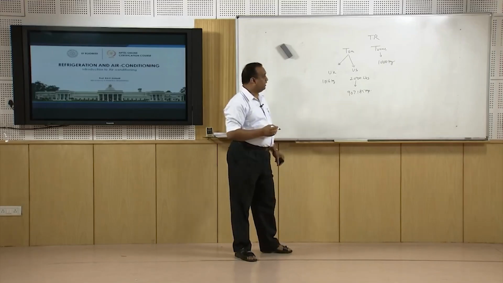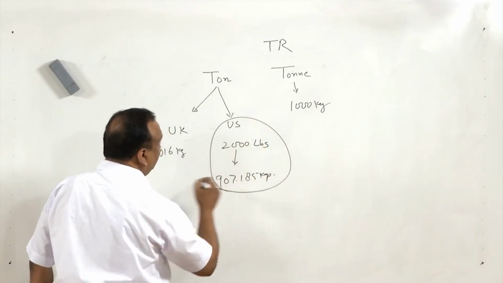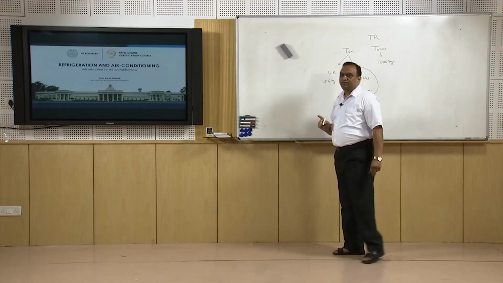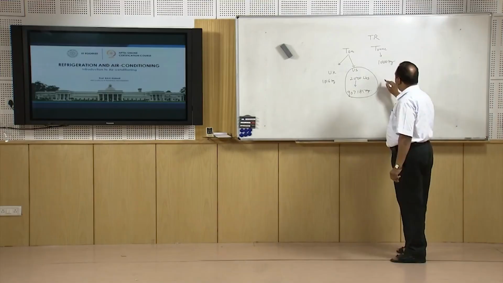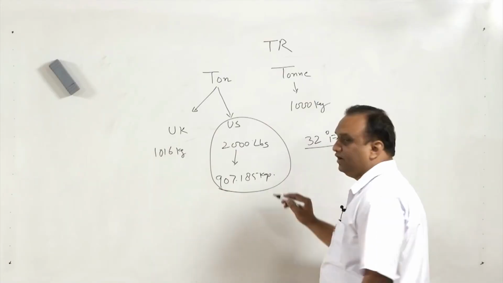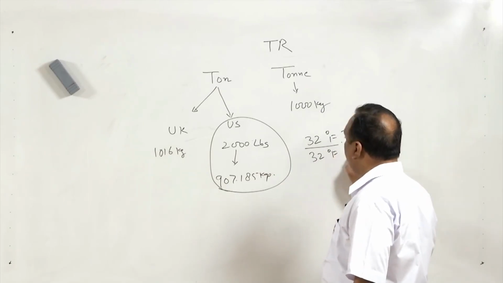And when we talk about 1 ton of cooling, the cooling it involves this ton. So 1 ton of cooling means the conversion of 1 ton of water available at 32 degree Fahrenheit into 1 ton of ice at 32 degree Fahrenheit within 24 hours.